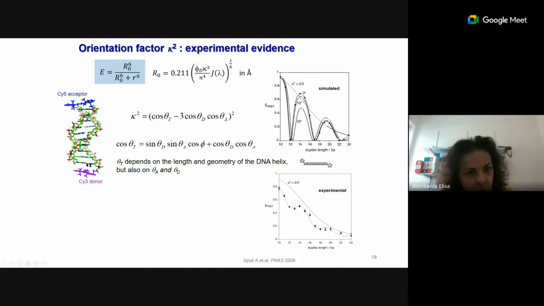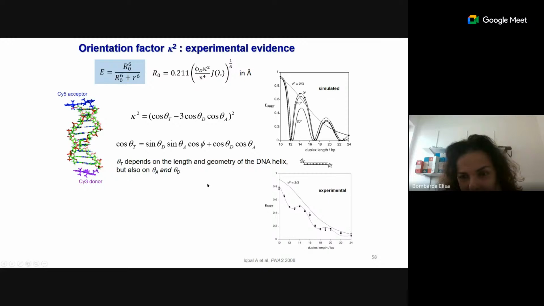And of course, if you change the length, so the number of base pairs, a different number of base pairs means a different orientation, because practically you go up, and every step means another orientation. And so this orientation was, of course, reflected in the orientation between the two dyes.